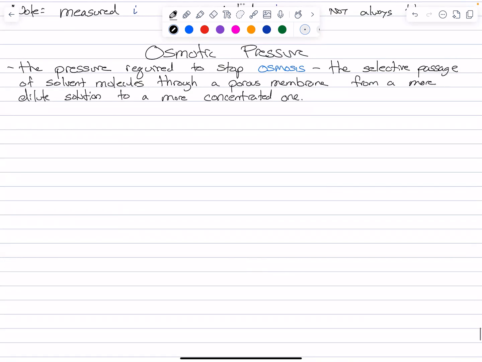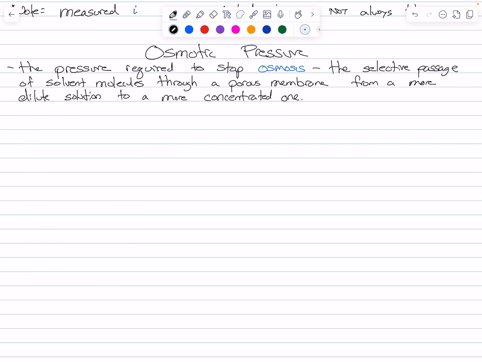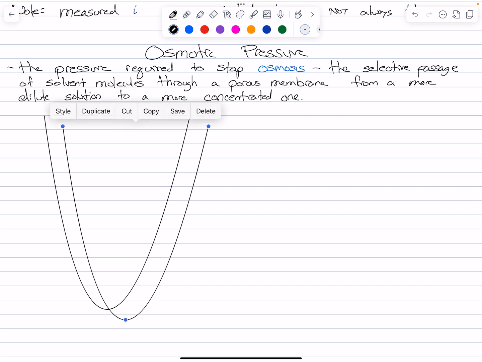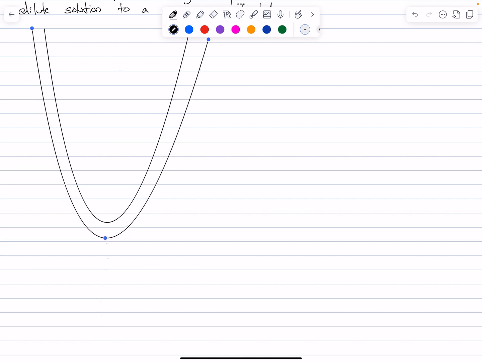So the original U-tube, all right, it should be perfectly symmetrical. I don't like that at all. I'm going to try that again, guys. Let's make a U. That'll work.